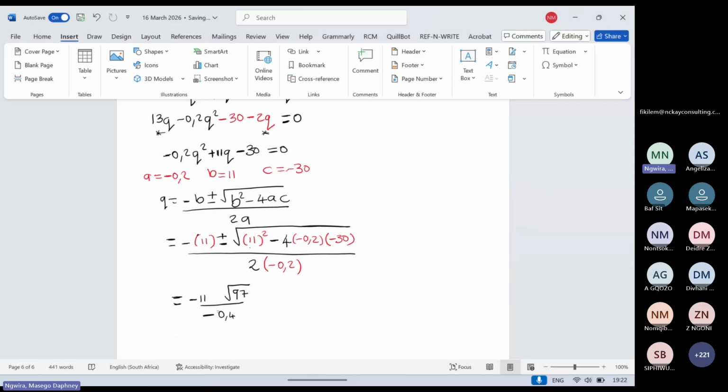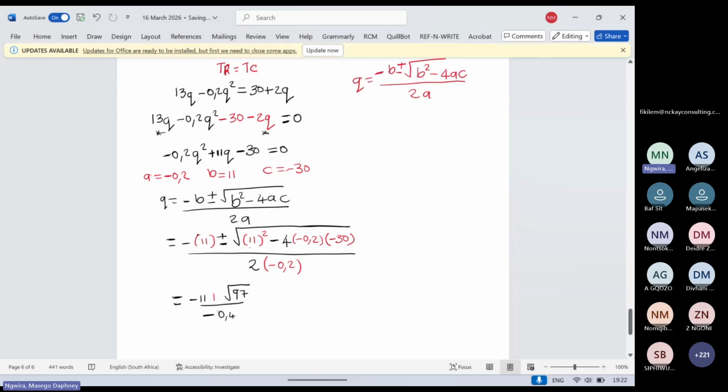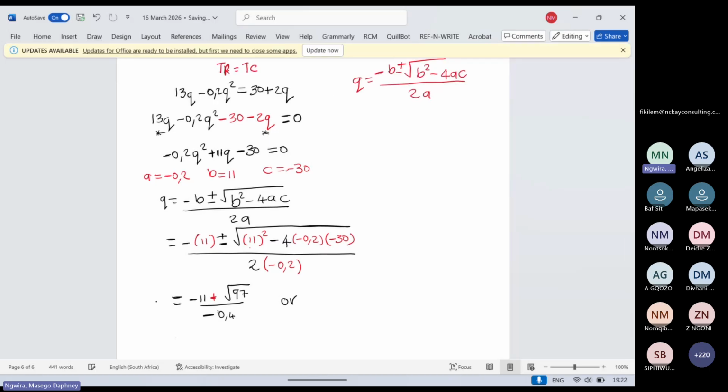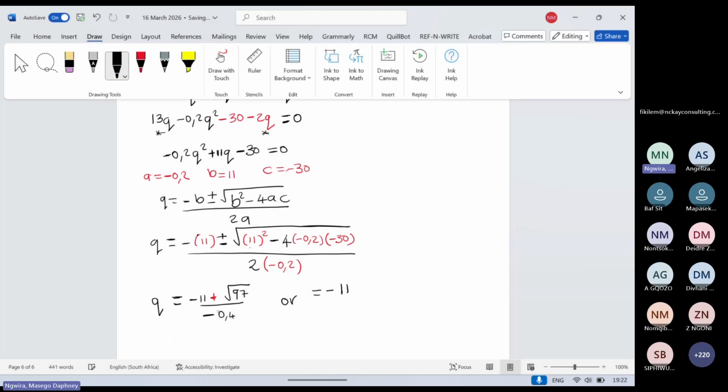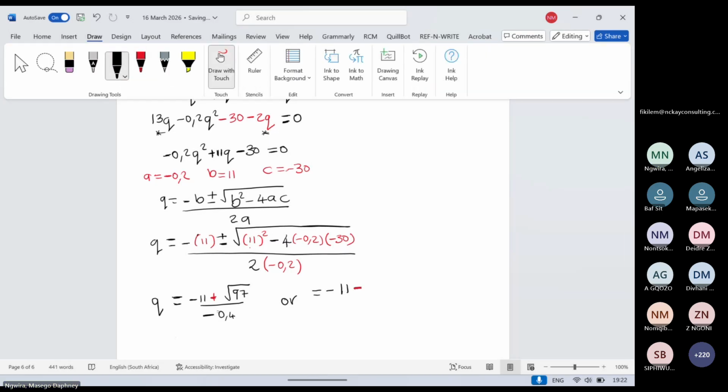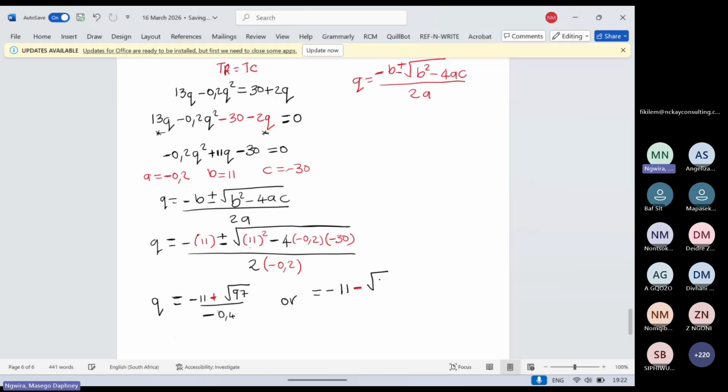And then the second answer, Q is equal to negative 11, then a minus. Plus or minus means you're going to have two answers. This is the square root of 97 over negative 0.4.